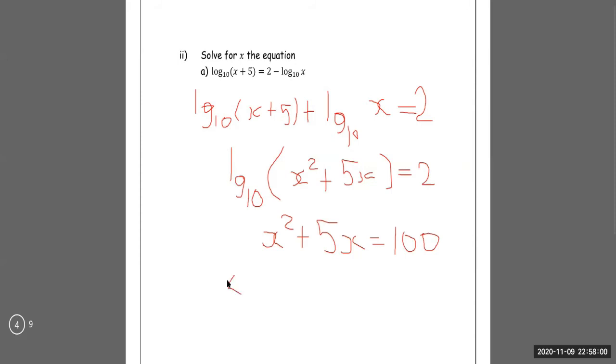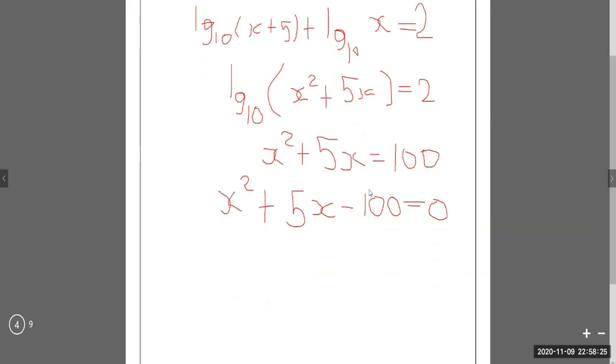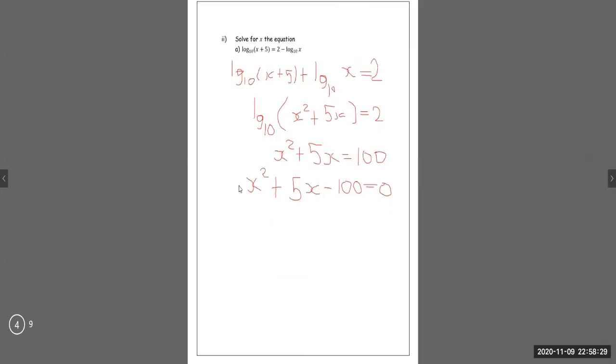So now what do we do now? Solve the quadratic, right? Yes, sir. So now which two numbers, when we multiply them, give negative 100, but when we add them, give 5? Sir, is there one?